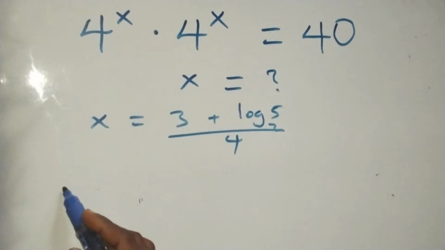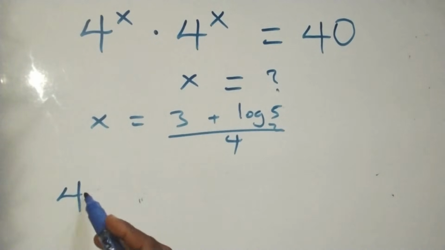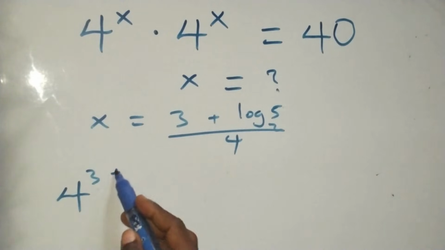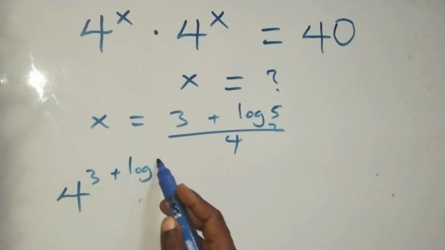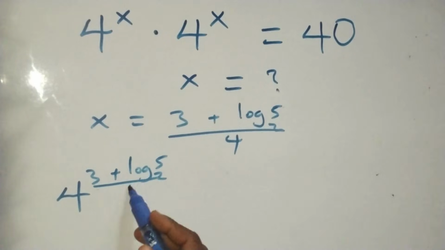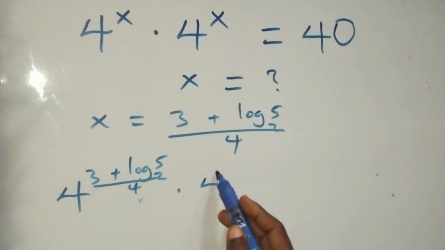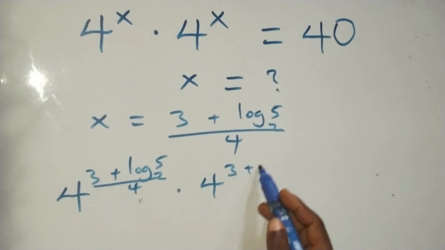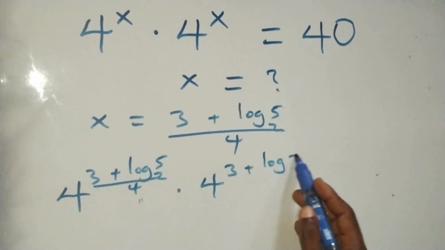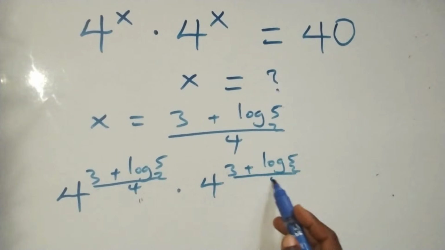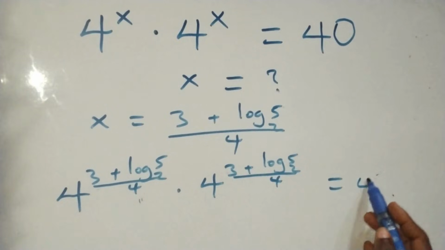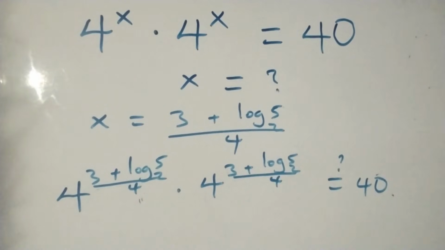What we have here becomes 4 raised to power 3 plus log 5 base 2 all over 4, times also 4 raised to power 3 plus log 5 base 2 all over 4, is it equal to 40 on this side.